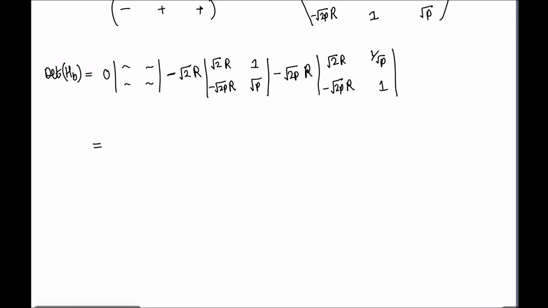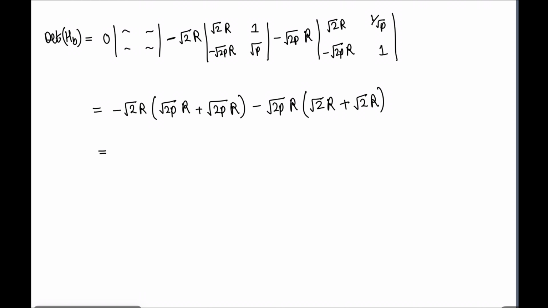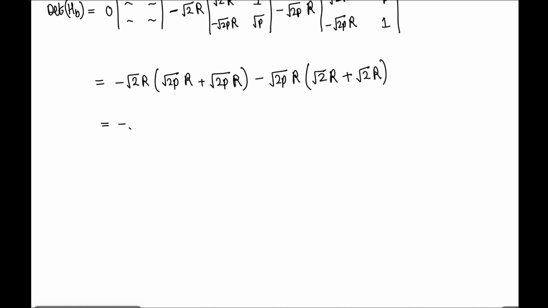So if we start working out the determinants, we get minus root 2r, and then root 2pr minus turns into a plus root 2pr, and minus root 2pr root 2r minus turns into a plus root 2r. Hopefully you can follow that.